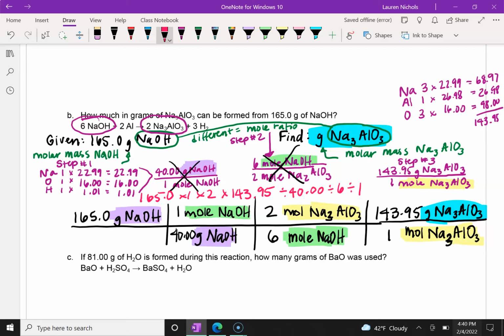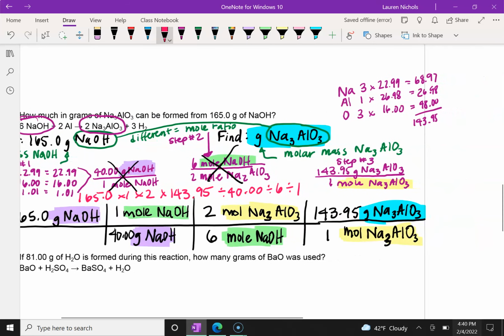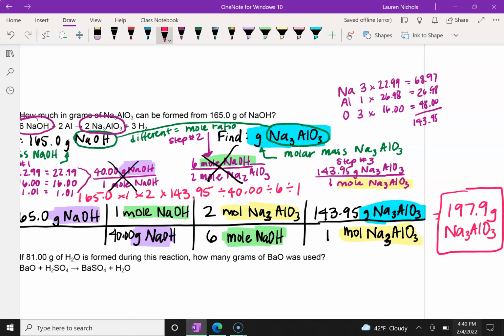And when you put this in your calculator, and all of you should be practicing that now, you get 197.9 grams of sodium aluminate as our answer.